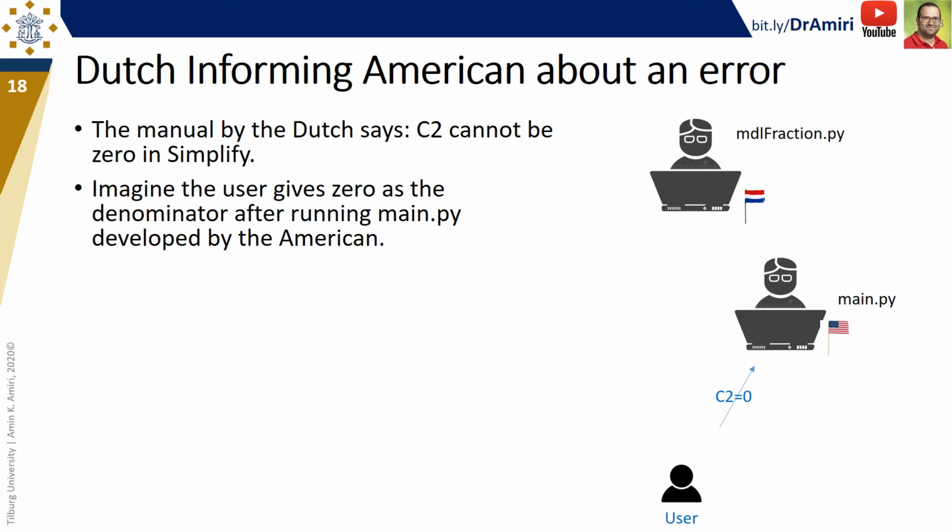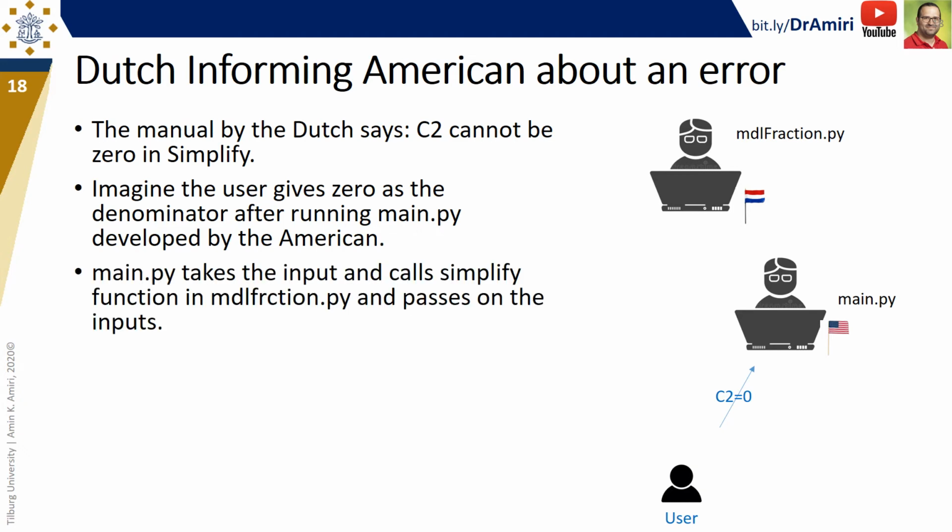So there is a program main.py that has an input function. The input function is executed and it asks for the numerator and the denominator, and the user will provide 0 as the denominator to the main program.